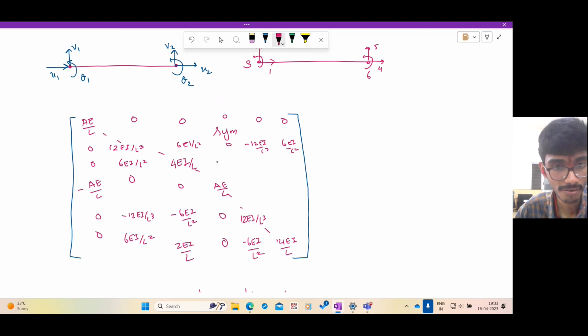And this you get a 0, minus 6EI/L², 2EI/L. Here you get just zeros. And here it is minus 6EI/L².